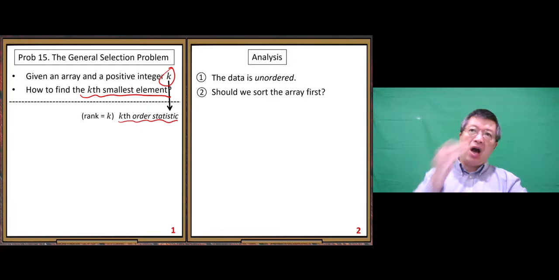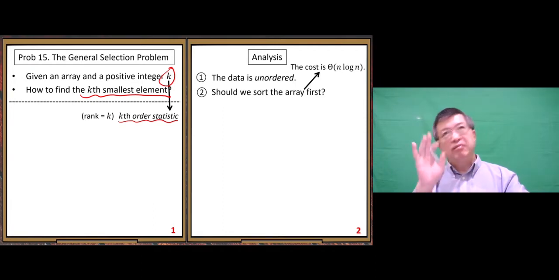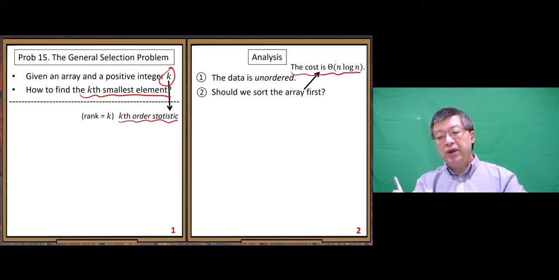So let's look at the cost. If you do it, how much cost do you need to pay? In the general situation, the cost is big theta of n log n. Although this result we haven't learned at this point. Later, we need to learn more sorting algorithms.